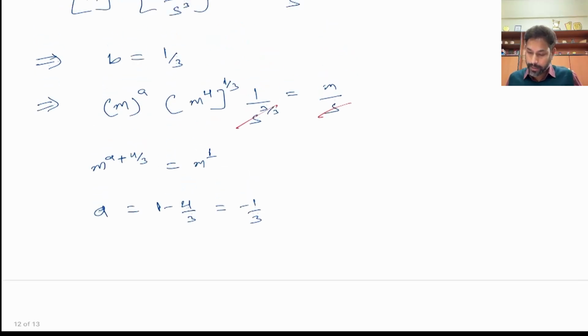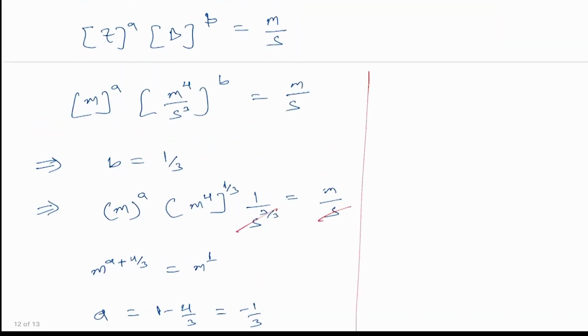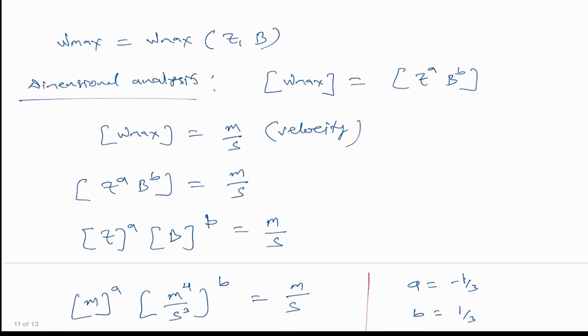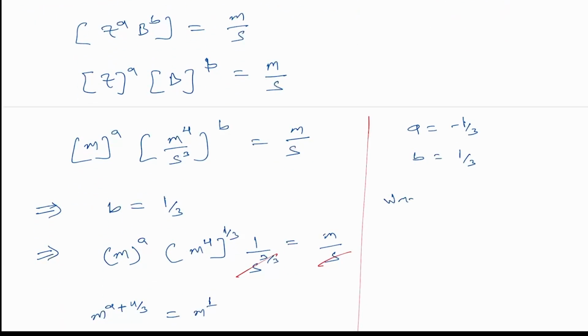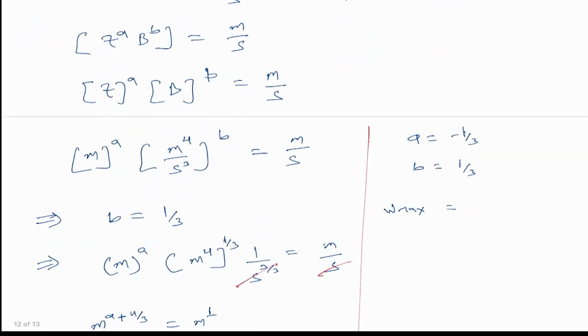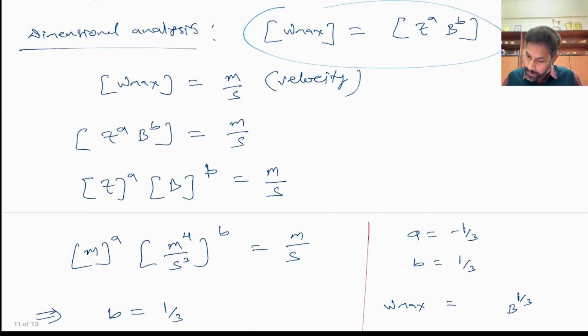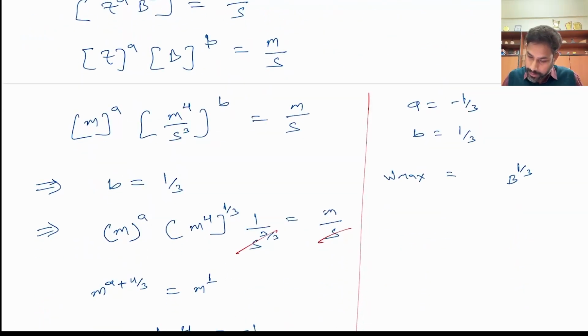Okay, so that is a, and this actually means that your a is minus 1 by 3 and b is 1 by 3. That means your W max, which was defined here, should be b to the power 1 by 3 and z to the power a, where a is minus 1 by 3.